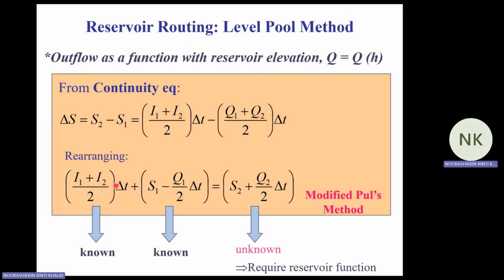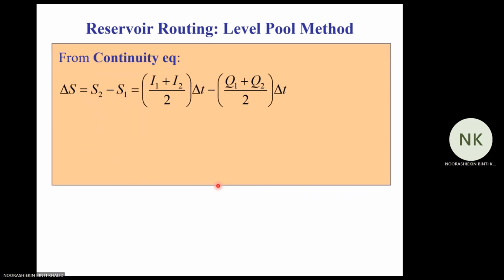So you got this equation: I1 plus I2 times time plus S1 minus Q1 divided by 2 times time equal to S2. This one is the unknown you want to find. This one we call the modified pool method.